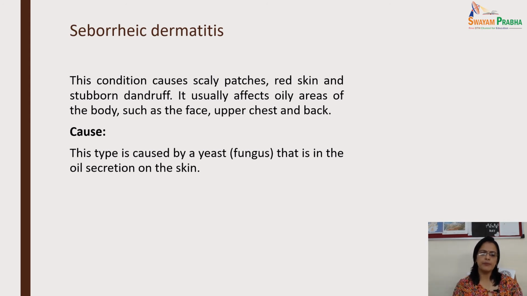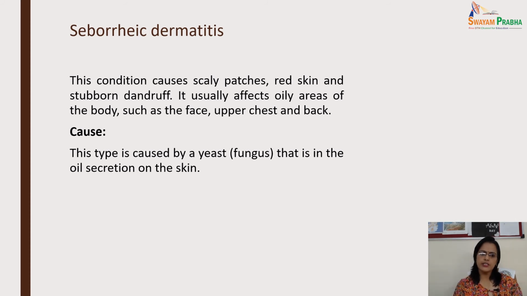Seborrheic dermatitis can be a long-term condition with periods of improvement, and we can also say that this type of dermatitic condition is seasonal. So you may see different kinds of ups and downs, like increase and reduction of the conditions associated with this dermatitis. In infants, this condition is called cradle cap.